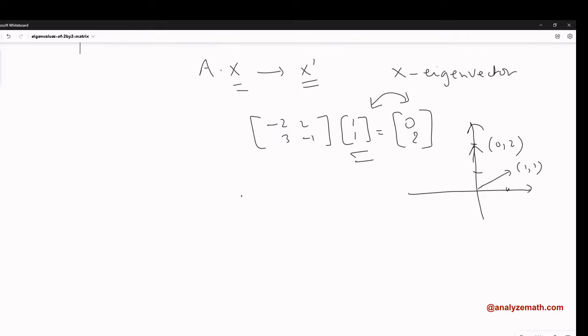Let's take another vector with the same matrix, now the vector (-1, 1). Multiplying, -2 by -1 is 2, and 2 plus 2 gives me 4. Then 3 by -1 is -3, and -3 minus 1 gives -4.